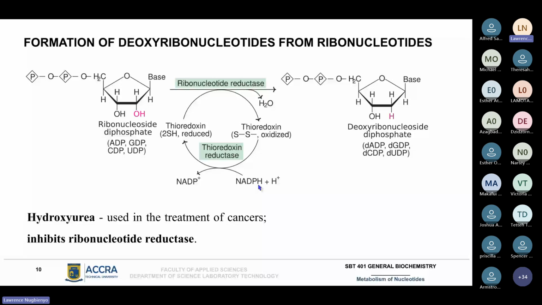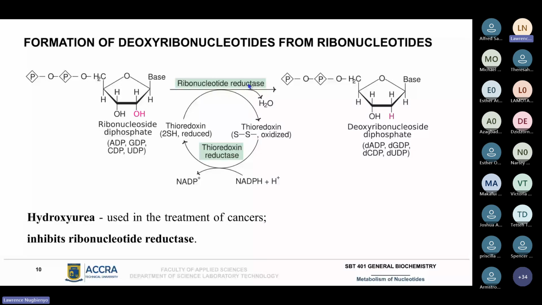Now, here again, an application. We have the drug hydroxyurea, which is also used in the treatment of cancers, serving as an inhibitor to the enzyme ribonucleotide reductase.